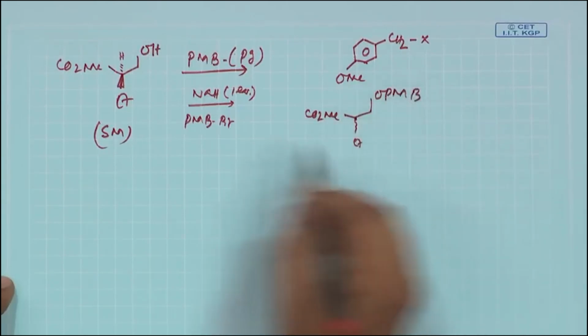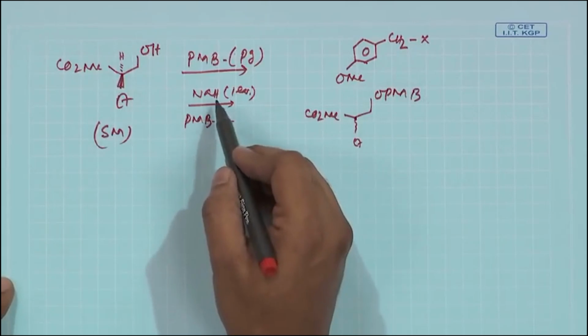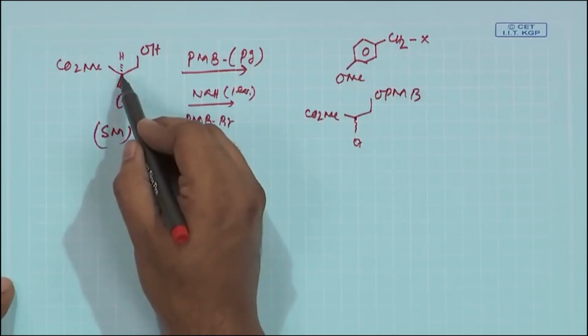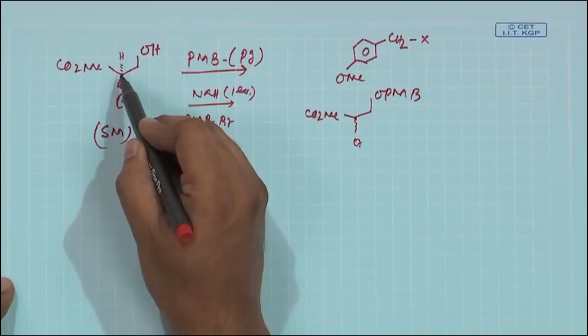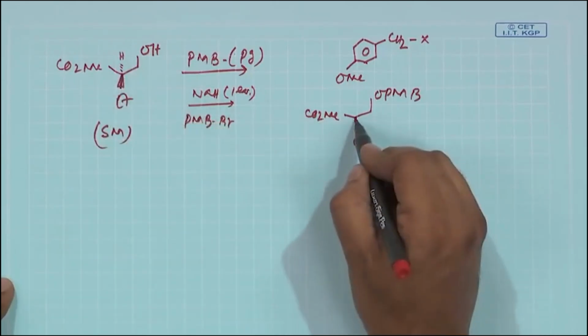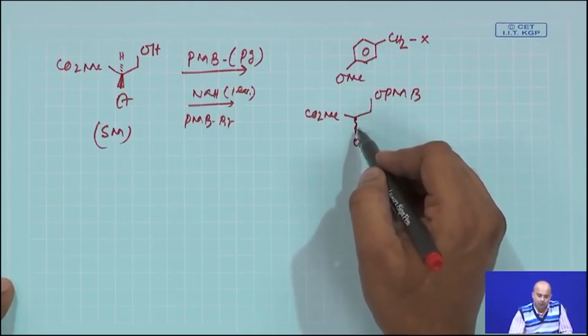But as I said, as this hydrogen is acidic, there is enough possibility that if you treat with sodium hydride, this hydrogen might undergo epimerization, because this center is extremely acidic. So, you cannot be sure of the stereochemical purity of the final product, as it might undergo epimerization.